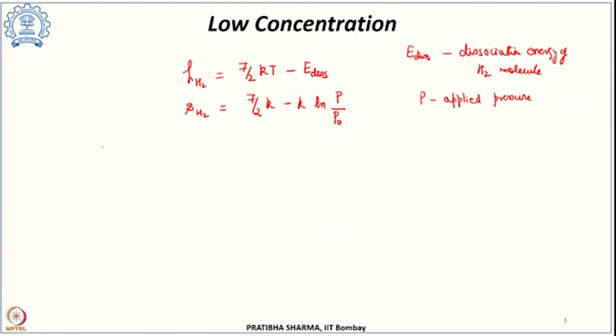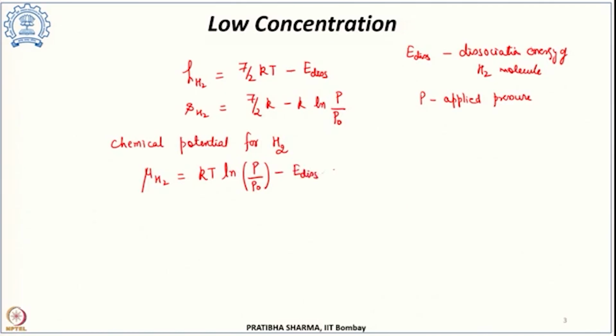Now, if we again write down the chemical potential for hydrogen gas, for the H2 molecule, then this is given as kT ln of P upon P naught minus the dissociation energy, or we can also write it as kT ln of P over P naught plus the standard hydrogen gas chemical potential.